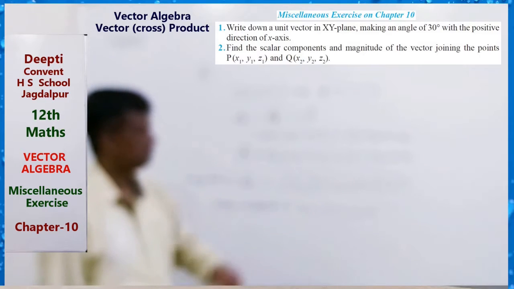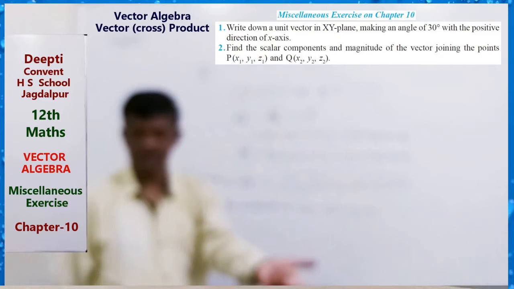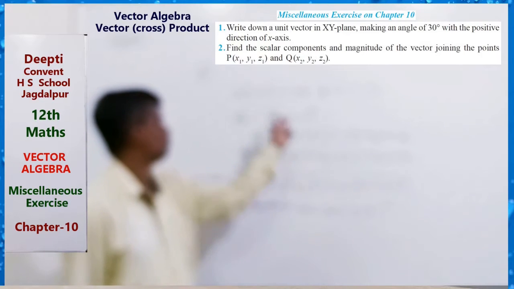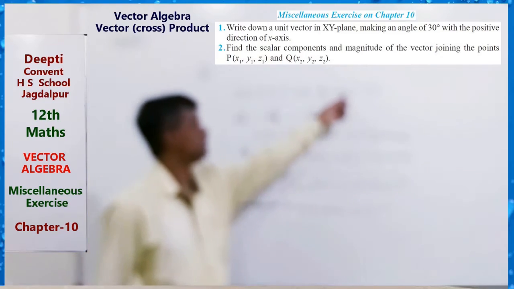This is the basic concept and formulas. When two points are given, we can write the position vectors OP and OQ, and PQ means OQ minus OP. A position vector can be written like this.